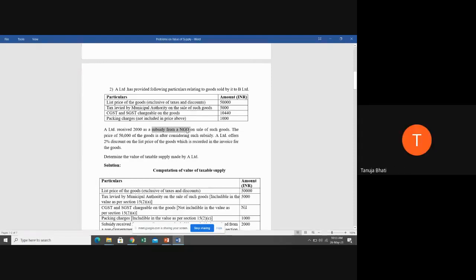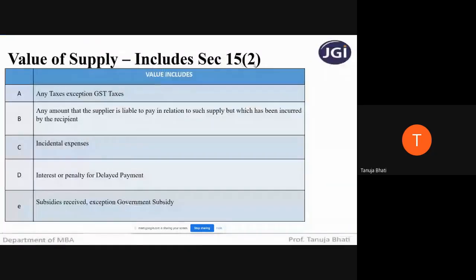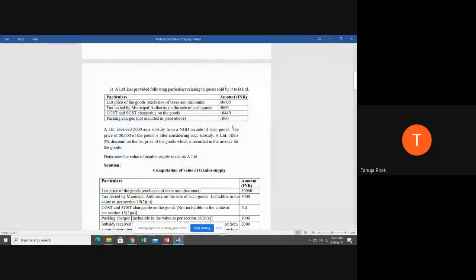But since it is received from any person other than government, you have to include this 2,000 rupees as per section 15 subsection 2 clause E. The price of 50,000 of the goods is after considering such subsidy, and subsidy means reduction in price. So the price actually was 52,000 maybe, and after adjusting 2,000, the price is 50,000. Therefore, you are including this.